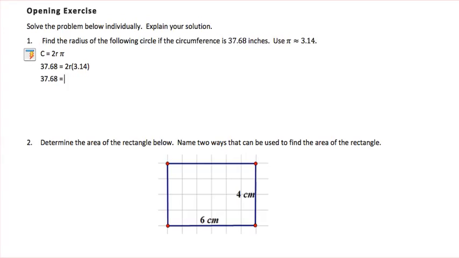Two times 3.14 would be 6.28 times r, and then we'll divide by 6.28 on both sides.